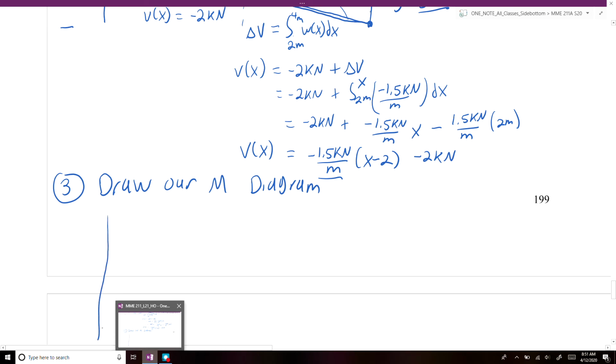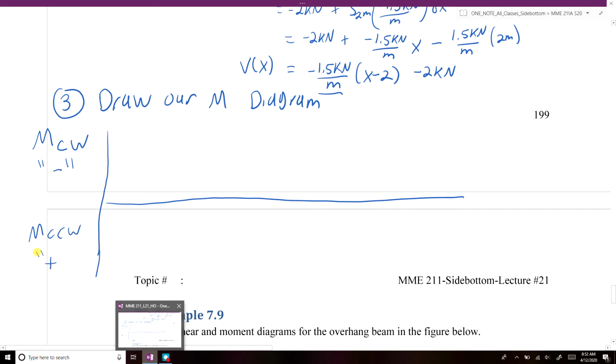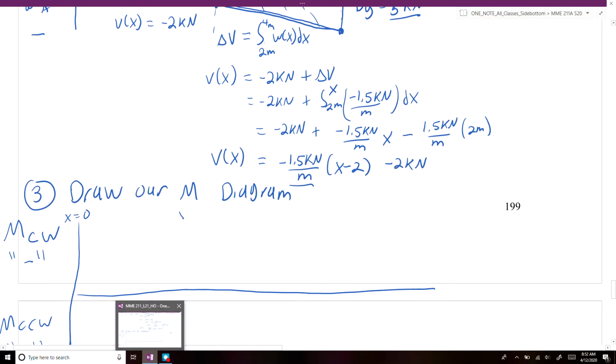It's going to be a little bit odd looking because our clockwise or negative moments will be on the top, and our counterclockwise or positive moments will be on the bottom of our diagram. We'll still have x equal to 0, x equal to 2 meters, and x equal to 4 meters on our diagram.